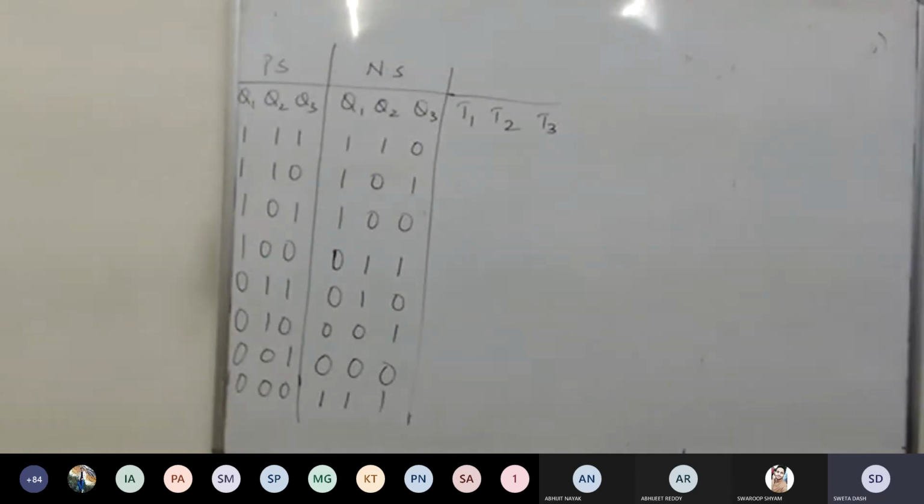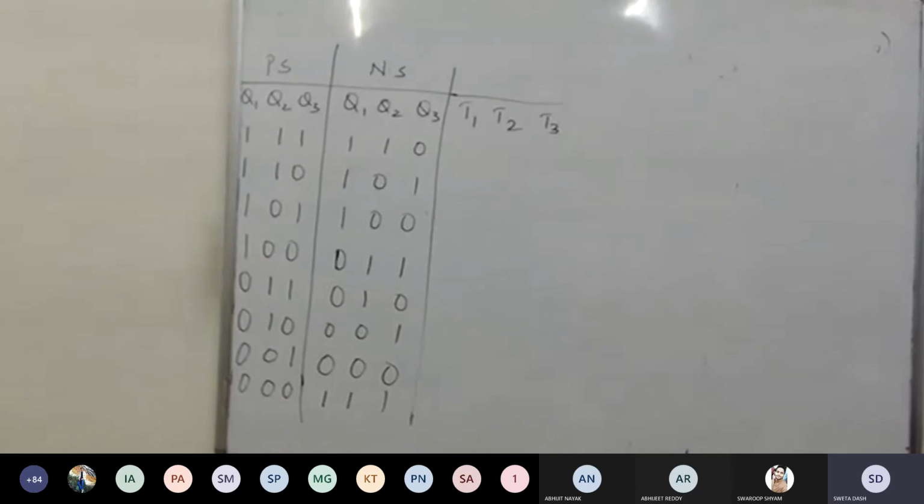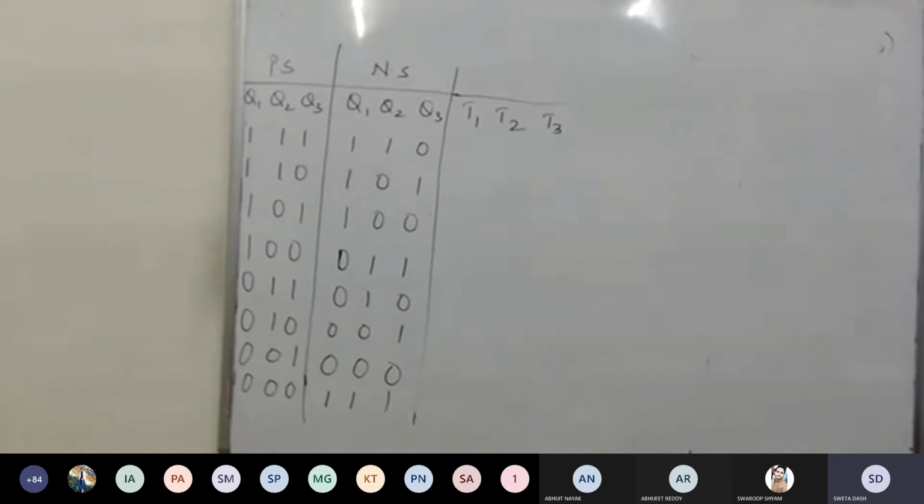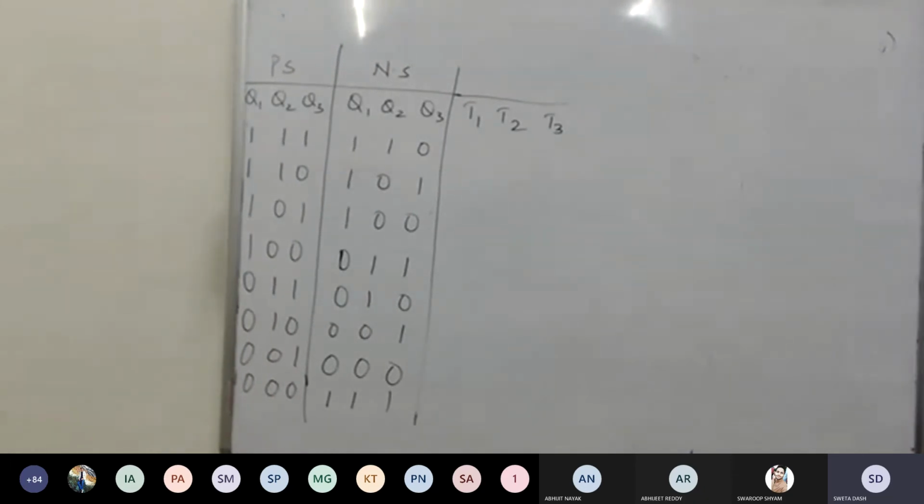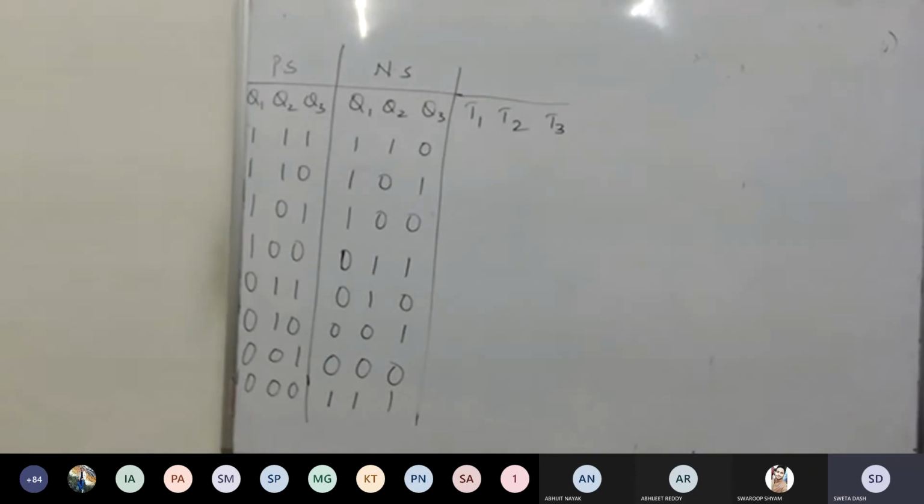Ma'am, S2 section is having free tomorrow morning. Who is S2? You are in what, Shweta? Ma'am, I am in S1 section. That's why I am saying someone from S2 section can confirm if they are having tomorrow morning free or not. Who is S2? No one is there?